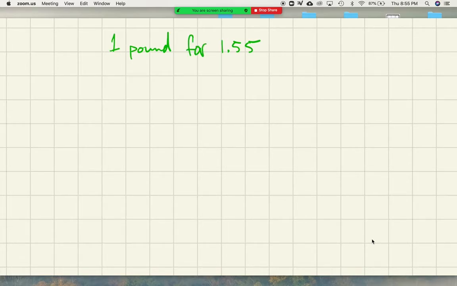Yeah, so automatically right there, the unit rate would be $1.55 over 1 pound. So dollars is on top, pounds is on the bottom. If you're going to set up an equivalent ratio, maybe you have an X on the top, or maybe you have an X on the bottom.